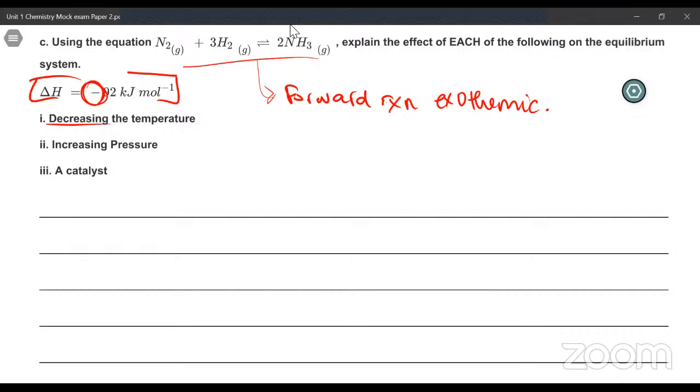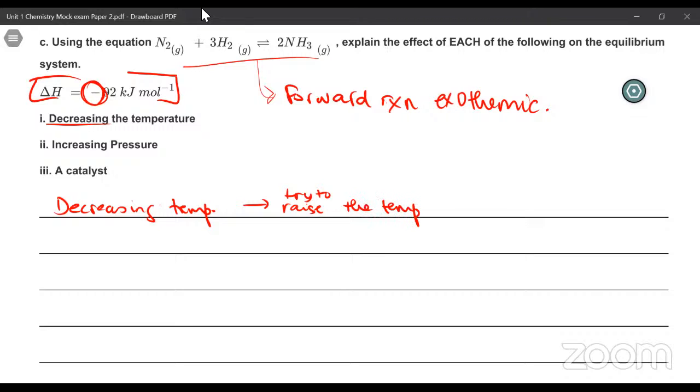It wants to know what will happen to the equilibrium of the system if we decrease the temperature. By decreasing the temperature, you are making it colder. So the system will try to raise the temperature; it's going to do the opposite, or try.